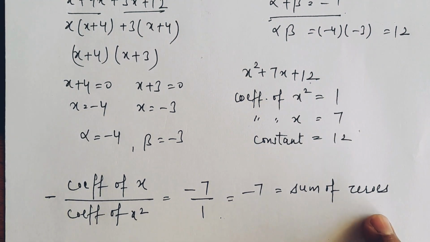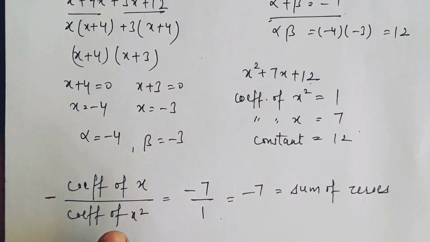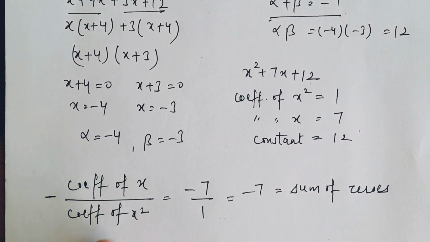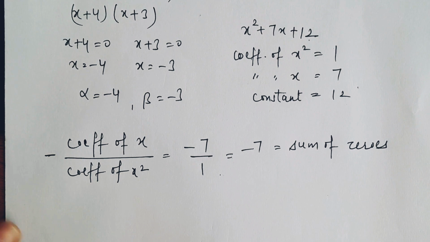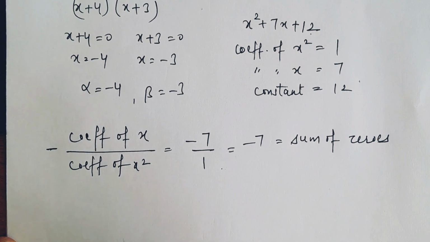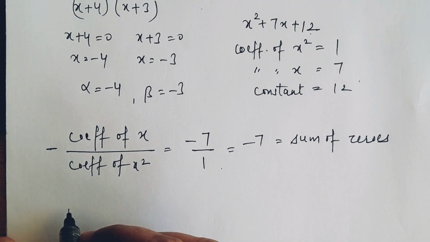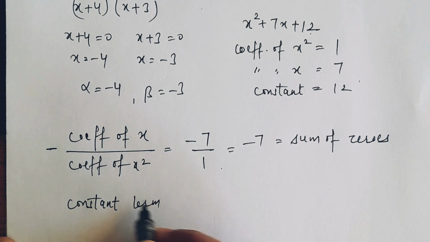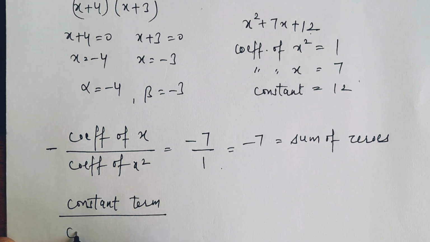So we got the relation between sum of the zeros and coefficients. Sum of zeros is equal to minus coefficient of x by coefficient of x square in the polynomial. Similarly, if we find out the rule for product of zeros, suppose we take constant term divided by coefficient of x square.